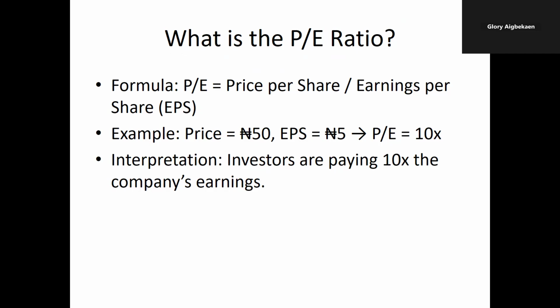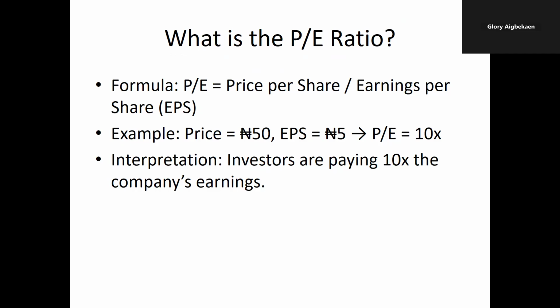The PE is usually in multiples. So when you divide, in this example, if you divide 50 by 5, you get 10. You see there now, the PE is written 10 times. So PE is usually in multiples.